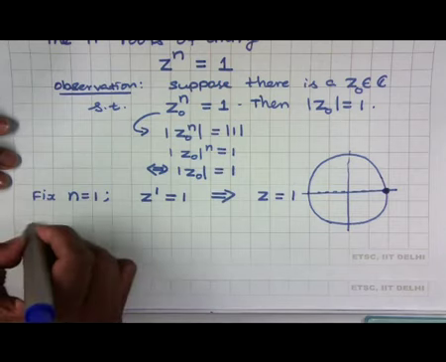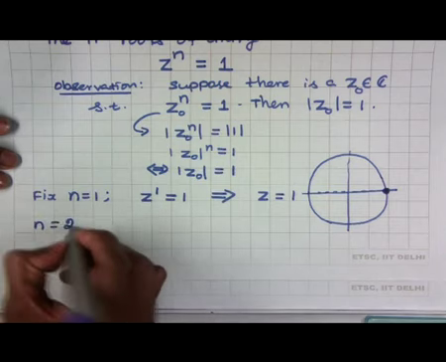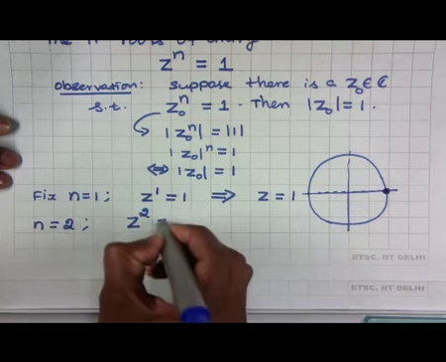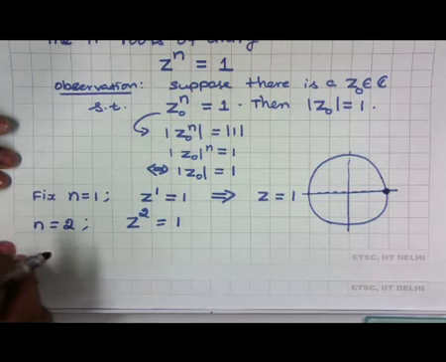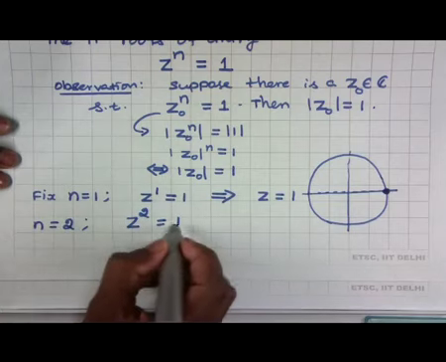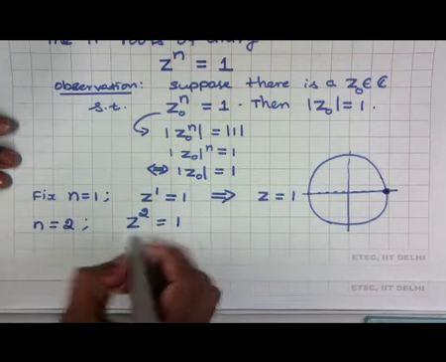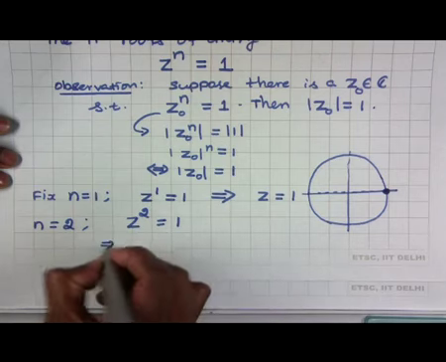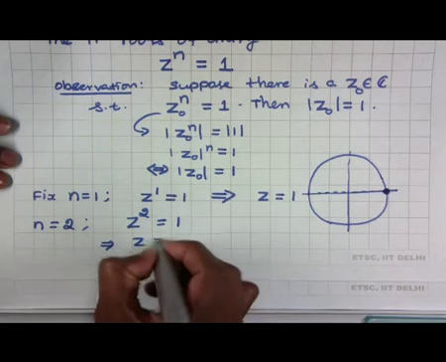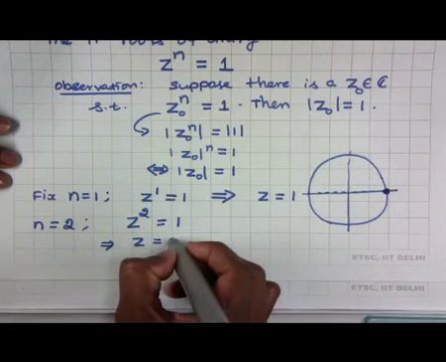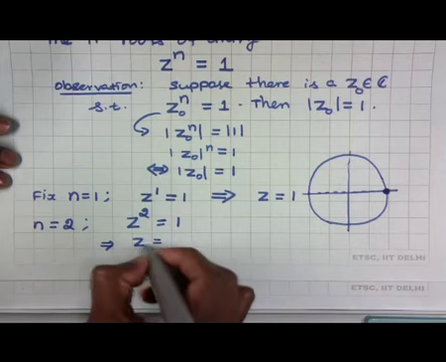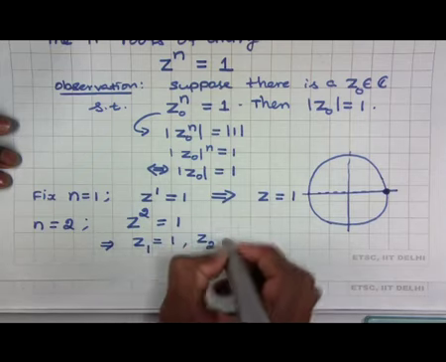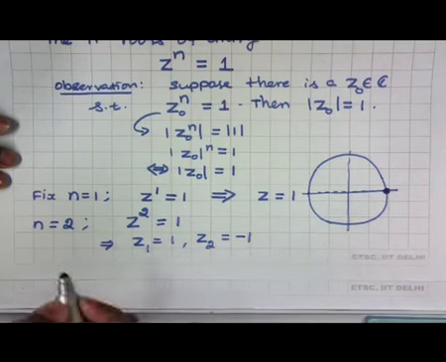Now if I take n equal to 2, then we are demanding z squared equal to 1, and a simple observation shows this implies z equal to plus or minus 1. So the first number is 1 and the second number is minus 1.